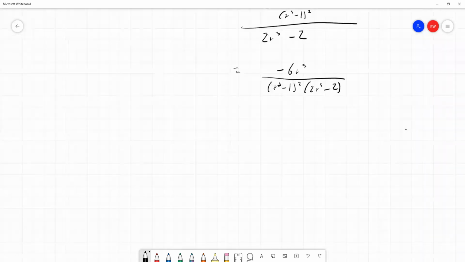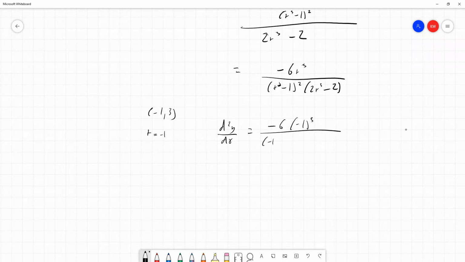So now we can go back to the point I was about to make. For our turning point, minus 1, 3, at t equal to minus 1, we have d squared y by dx squared equal to minus 6 times minus 1 cubed over (minus 1 cubed minus 1) squared times (2 times minus 1 cubed minus 2).